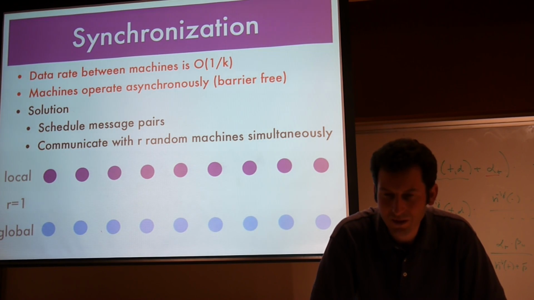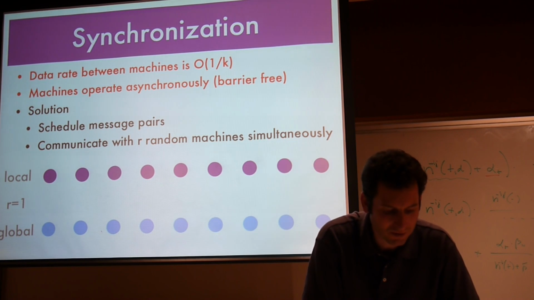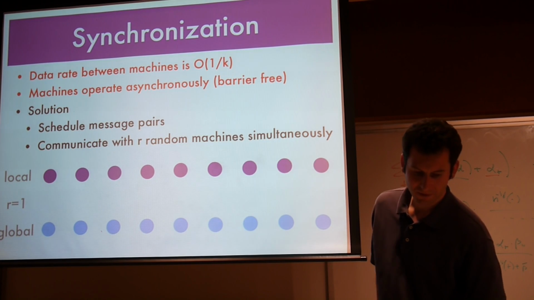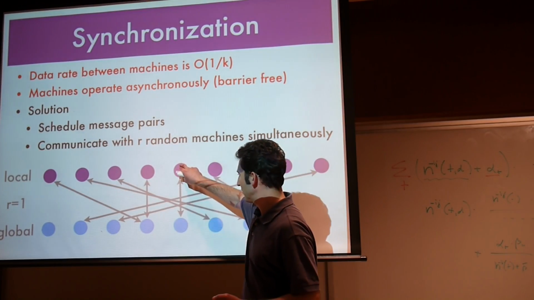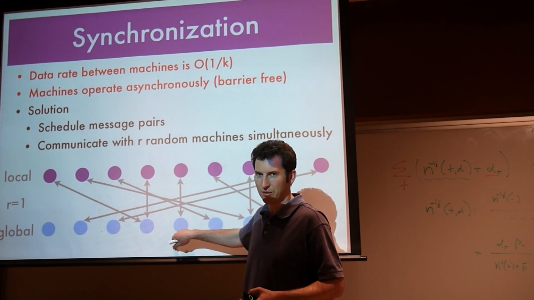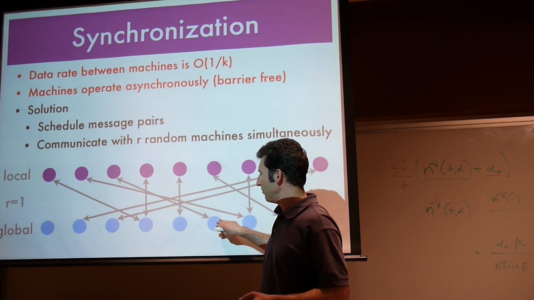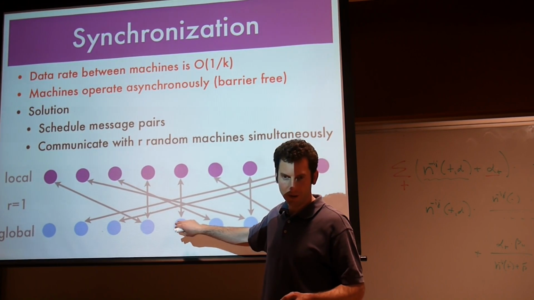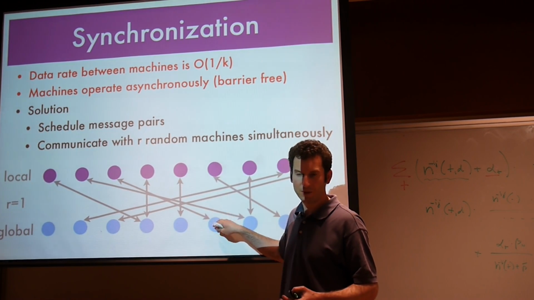So who's done a bit of information theory? Okay. You may have encountered random codes. This is effectively what we're doing here. Okay. So here's what happens. Each machine picks some random machine it talks to. Okay. And now, if we just pick one, and then once it's done with that machine, it picks the next one, another random machine, it keeps on going.